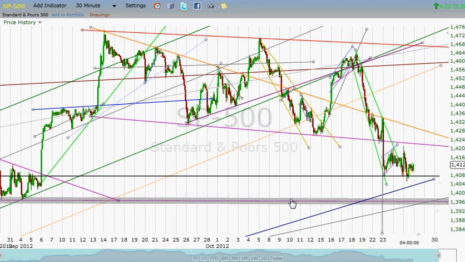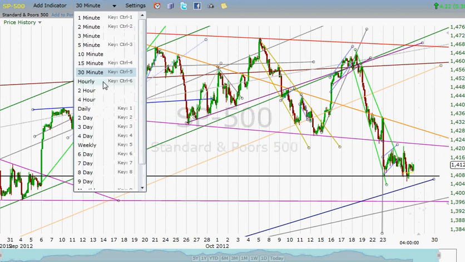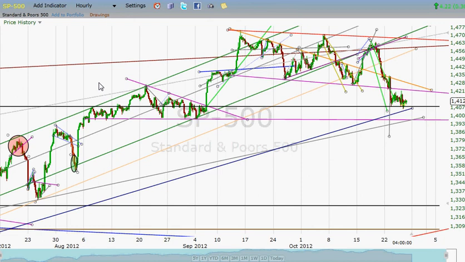My personal hope is that we come on down and maybe get close to this level, but then bounce in earnest and come back on up to maybe even the 1420s or 1430s, and at that point we may be forming a not extremely tall, but potentially a reversal pattern, a head and shoulders top.